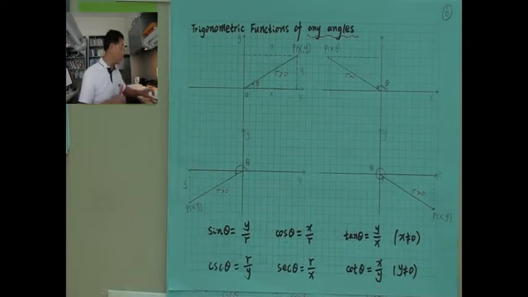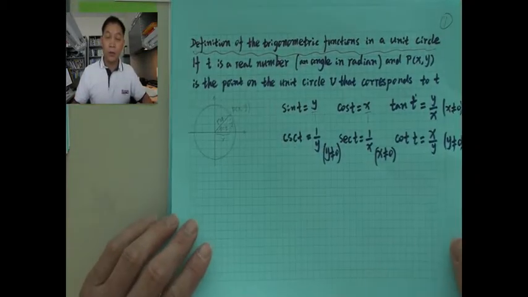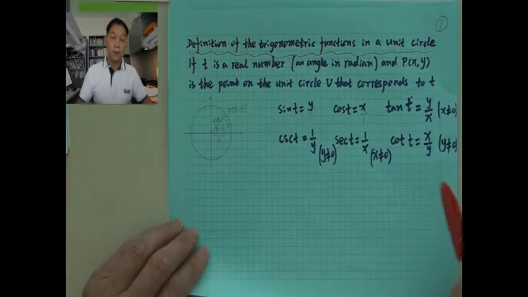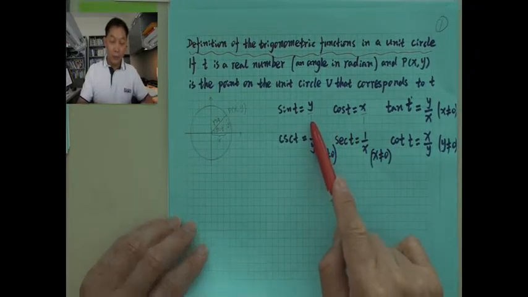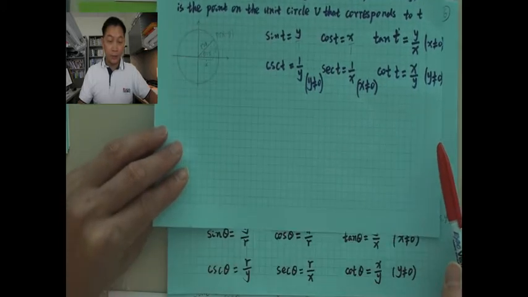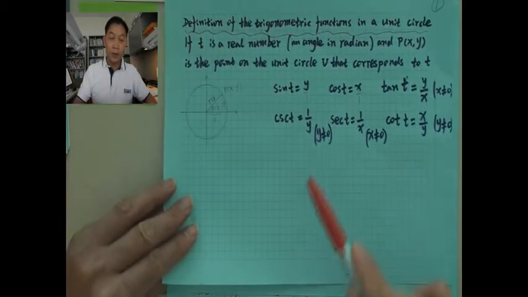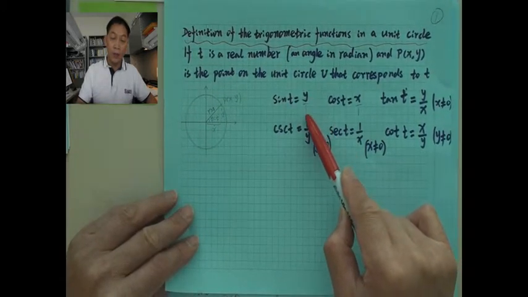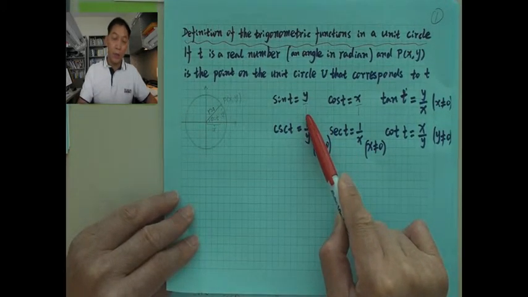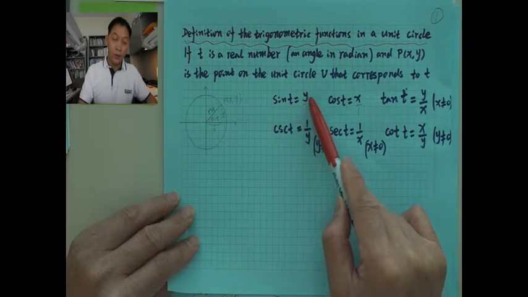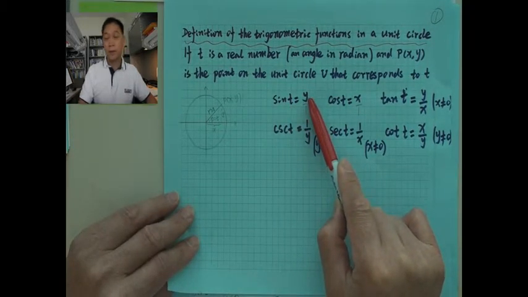So the definition comes to be like this. Since r is 1, y over 1 is y, so we don't need to write the 1. We write sine t is y.